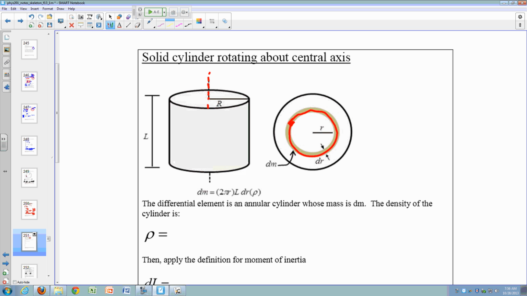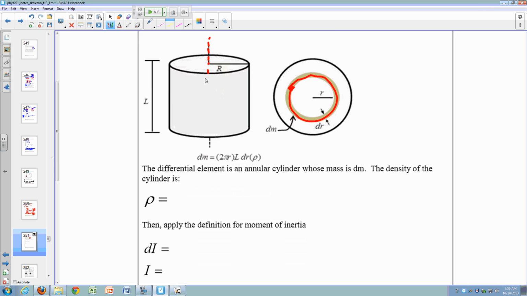We'll have a differential mass element that's a little bitty cylinder in the middle, and then one with a bigger radius, and then move out until we fill the entire solid cylinder. So our differential mass element is a thin, hollow cylinder, and we'll integrate over the radius of the solid cylinder until we get the whole mass of the solid cylinder.